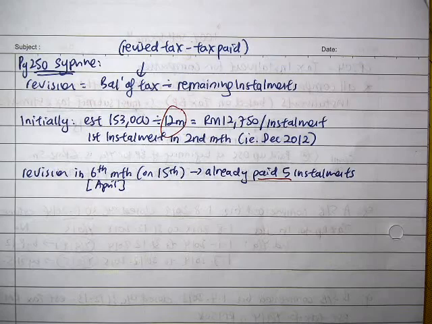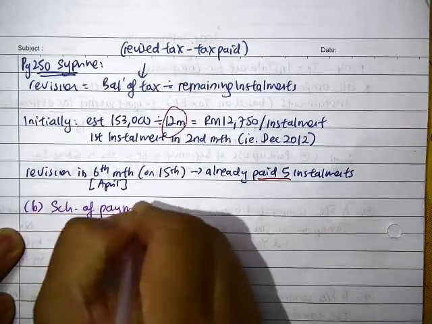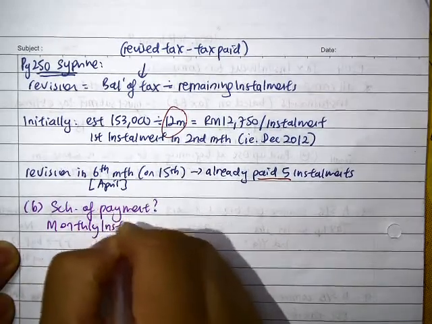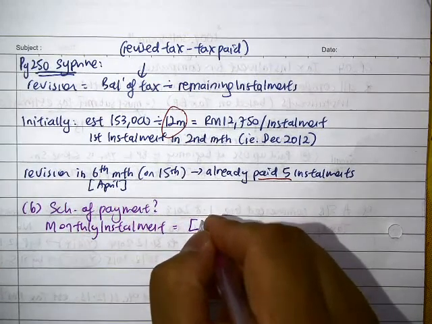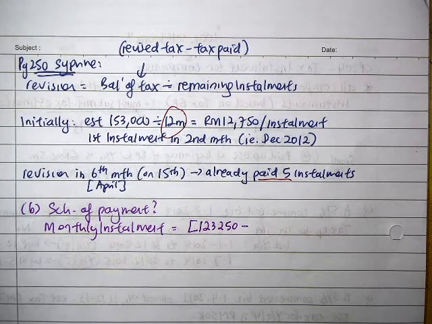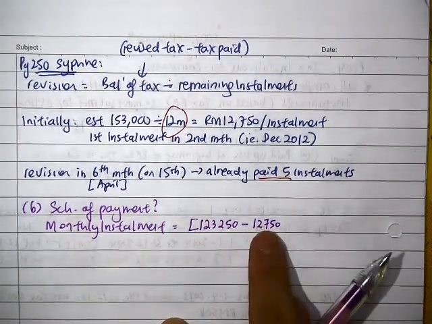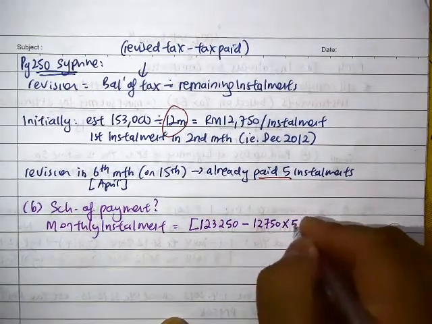Okay, so what's your schedule of payment? Your monthly installment. Now I revise it to 123,250, and I'm paying 12,750 per installment, but that's the original amount, and I already paid 5 times.